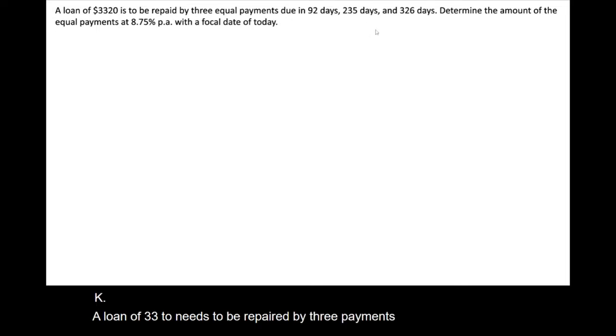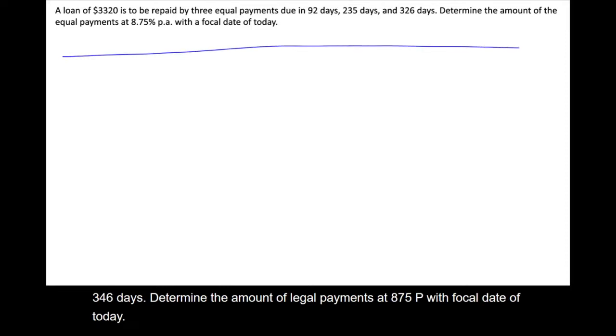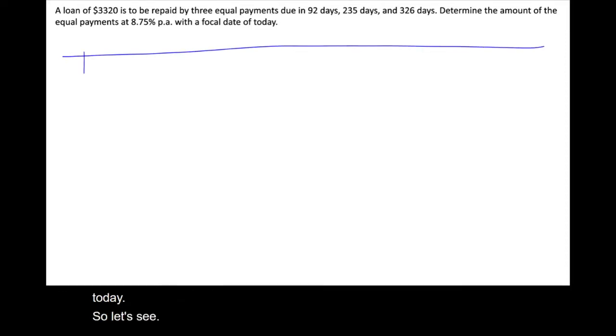A loan of $33.20 is to be repaid by 3 equal payments due 92, 235, and 326 days. Determine the amount of the equal payments at 8:75 p.m. with focal date of today. So let's see. We have now $33.20.